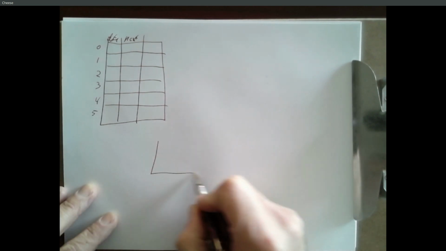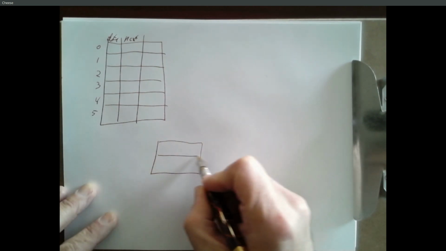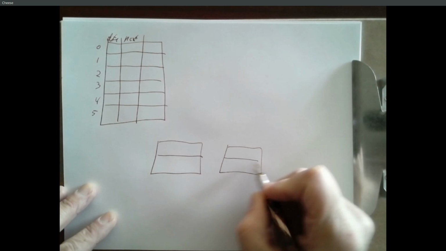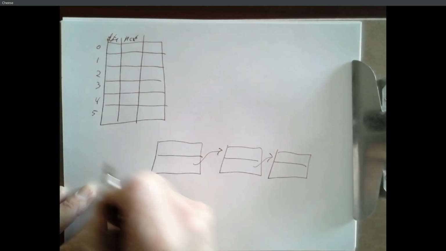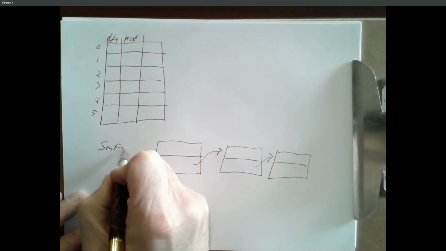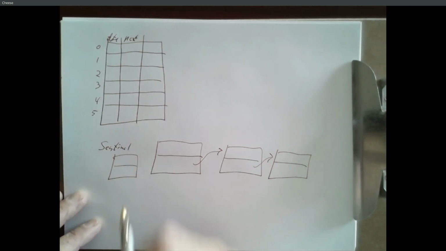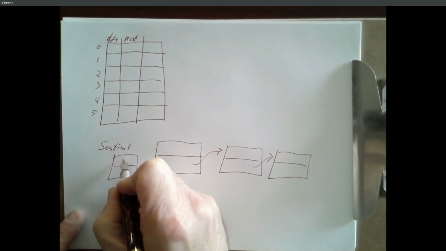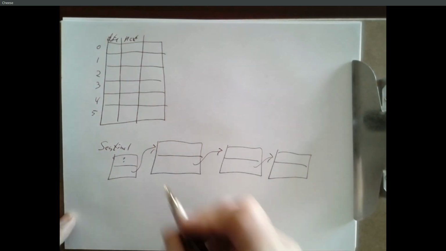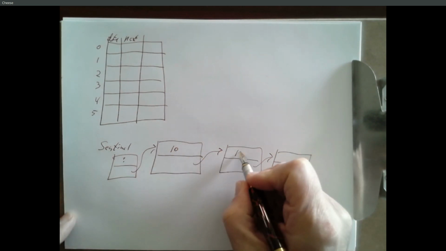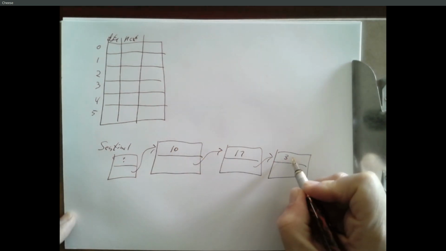And then there's the view as a bunch of nodes. And we have the special sentinel node, which points up there. So let's say our list contains a 10, a 17, and a 38.